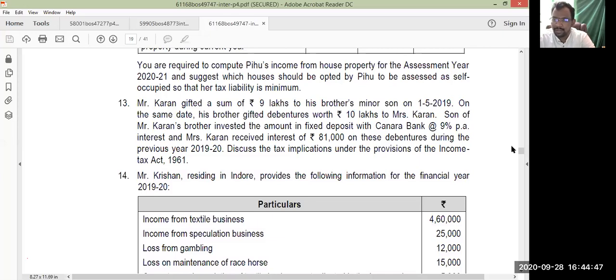While clubbing the minor child's income, we are anyhow entitled to 1500 rupees as exemption under section 10 clause 32. Now, the interest on debentures of Mrs. Karan should be clubbed in the hands of Mr. Karan, but you should not club the interest on the entire 10 lakhs. Only the interest attributable to 9 lakhs you have to club here. That is a very important point. Next.